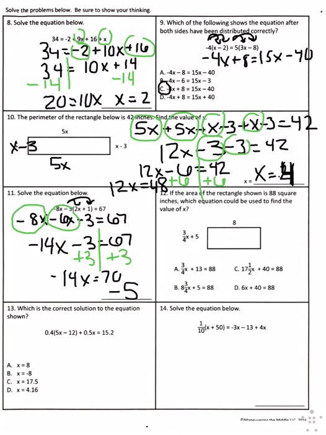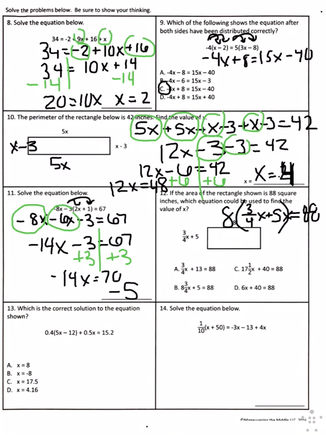Number 12. If the area of the rectangle shown is 88 square inches, which equation could be used to find the value of x? So area is length times width. So 3/4 x plus 5 times 8. Now, we want to multiply times 8, parentheses means multiply, equals the 88 square inches.